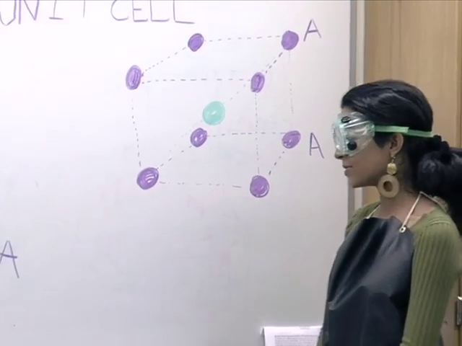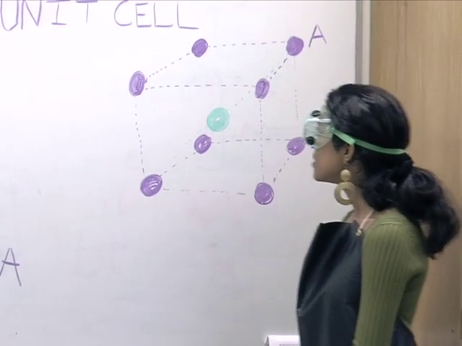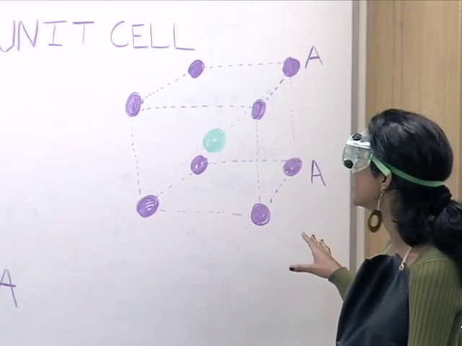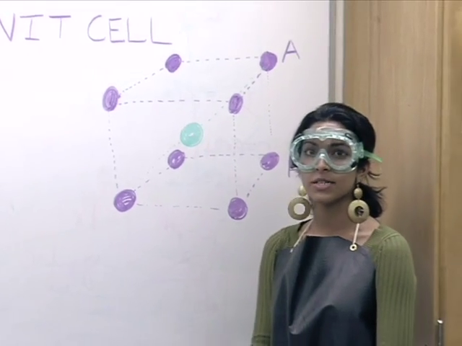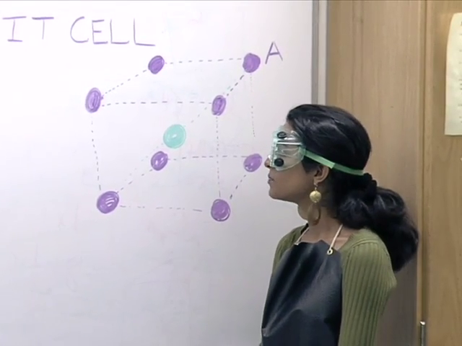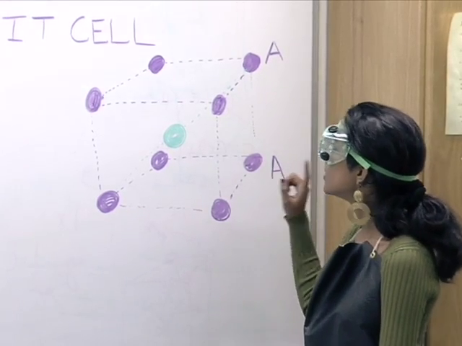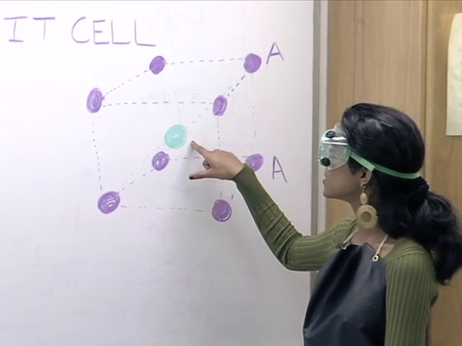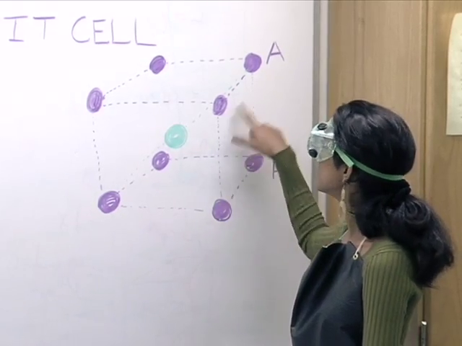This is then repeated in the order of an ABA pattern. The spheres of the BCC unit cell touch along the body diagonal. The packing efficiency of a BCC unit cell is 68%, and the coordination number of any singular atom is 8, as can be seen in this diagram, where the central atom directly touches 8 spheres along the corners of the cube.